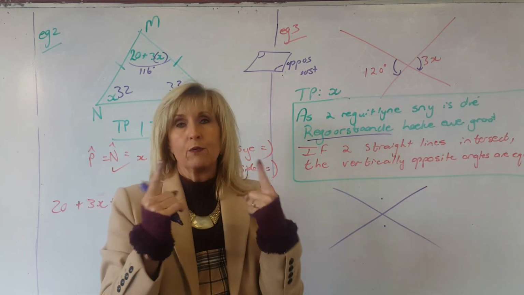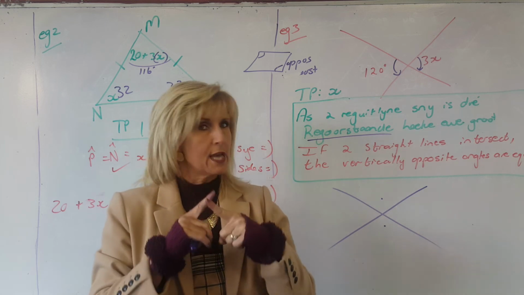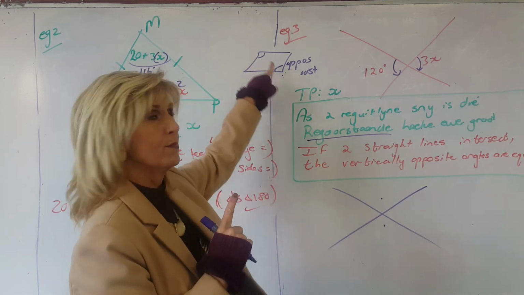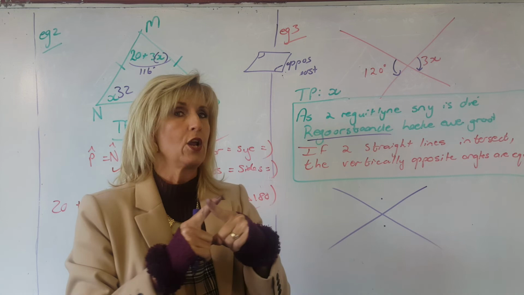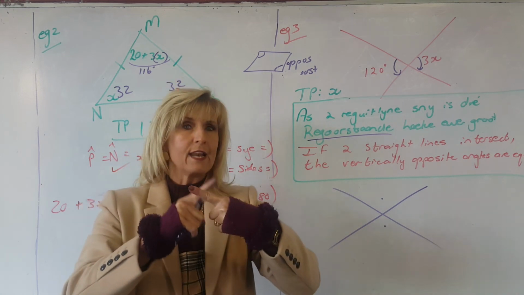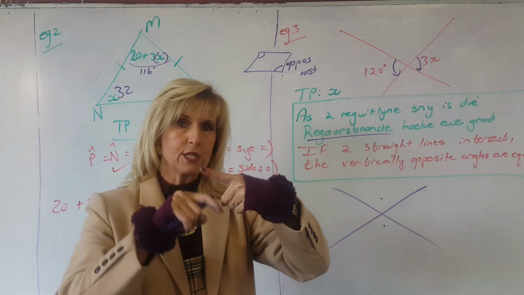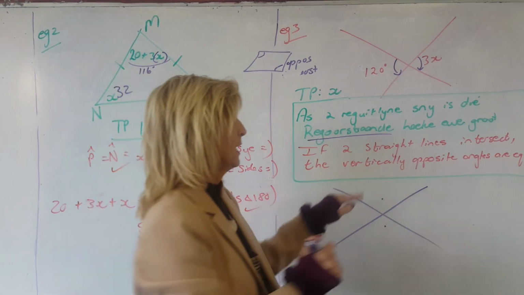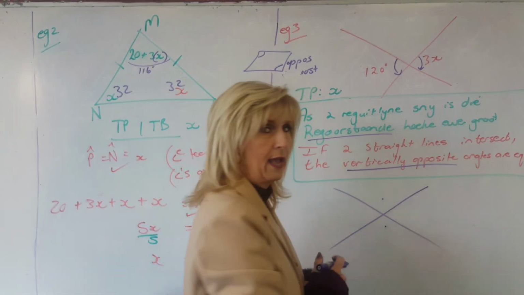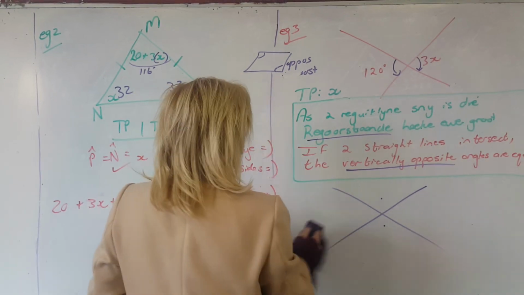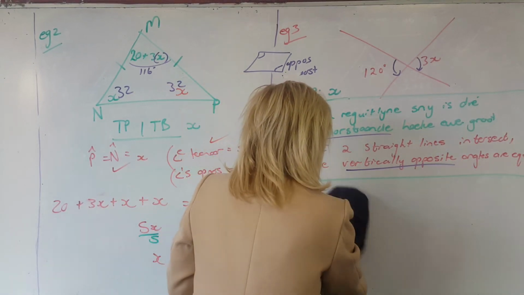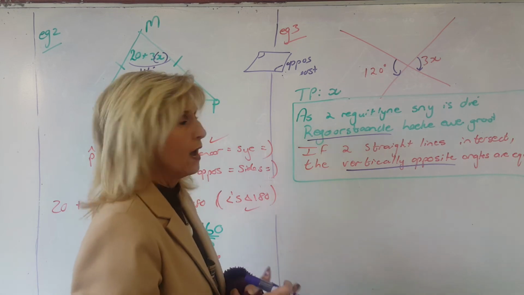You can't just say opposite because those are opposite angles. Vertically opposite angles mean it's at a vertex, at a point where they intersect each other. The vertically opposite angles are equal.